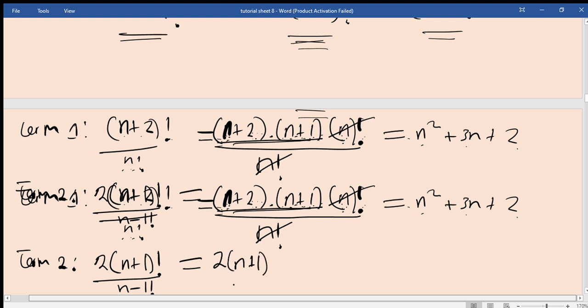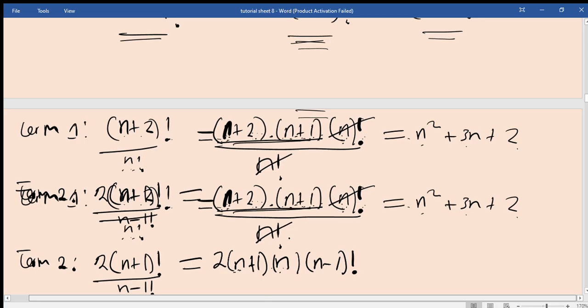Then since it's factorial, this n plus 1 would decrease by 1, isn't it? So it means it's n plus 1 minus 1, that will be just n. N again minus 1, we're going to reach n minus 1. But since I'm seeing an n minus 1 down, I'll end there and I just add in factorial there.